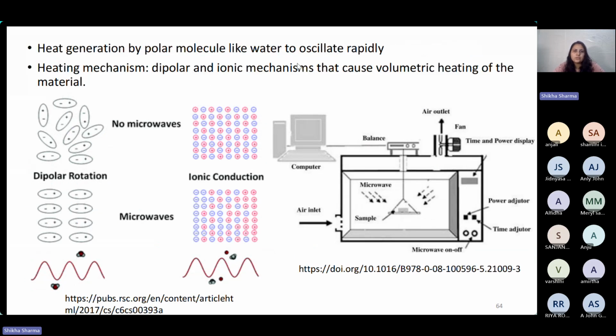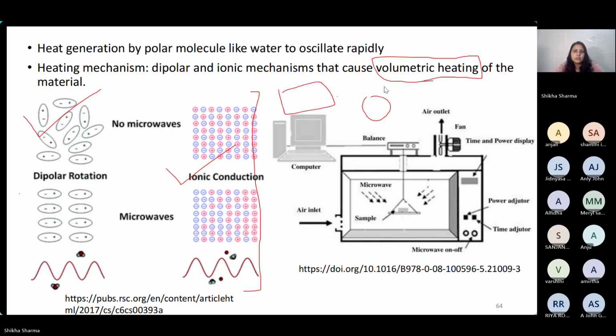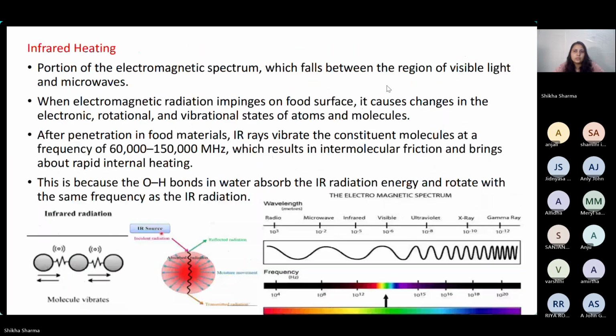Heat generation will be based on two principles: dipole rotation and ionic conduction. As we discussed in the case of radio frequency, the same will be there, and it will also generate volumetric heating of the material. Because of the rapid movement of the dipoles and the ions, a high amount of friction force will be generated.